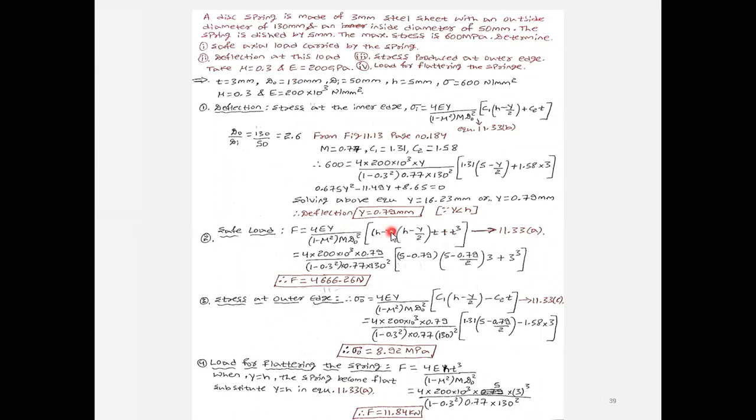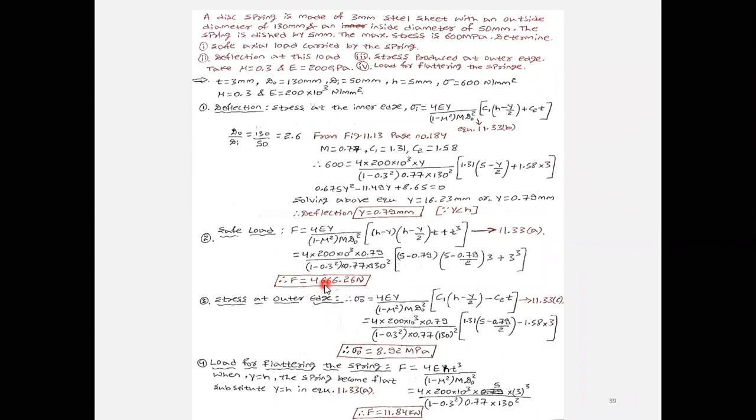Substitute all the values. After substituting, F you will get as 4.66 kilonewton or 4666.26 Newton. This is the safe load.